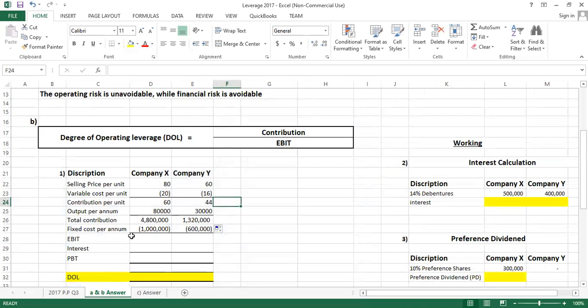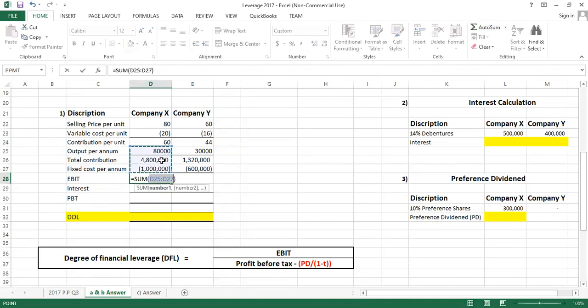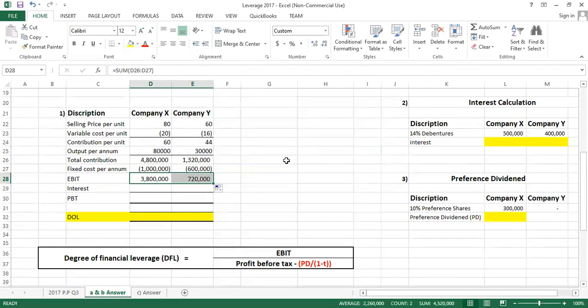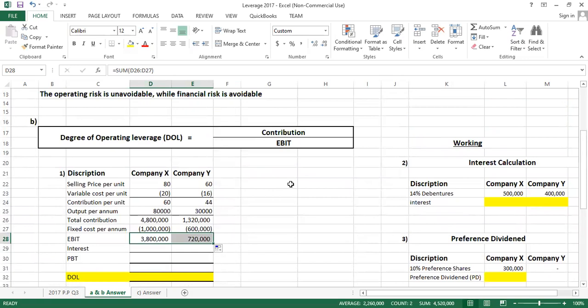So total contribution less fixed cost per annum: company X earnings before interest and tax is 3.8 million. Likewise, company Y earnings before interest and tax is 720,000.